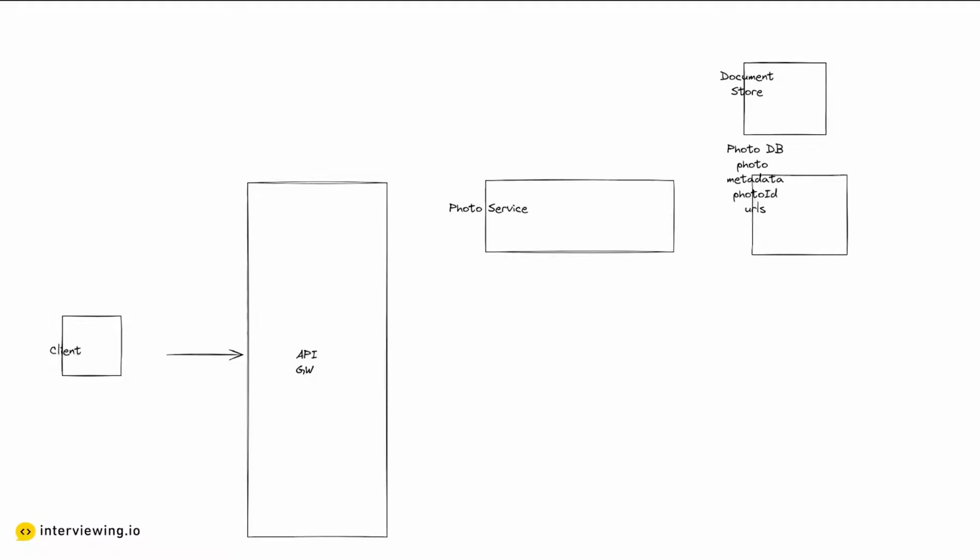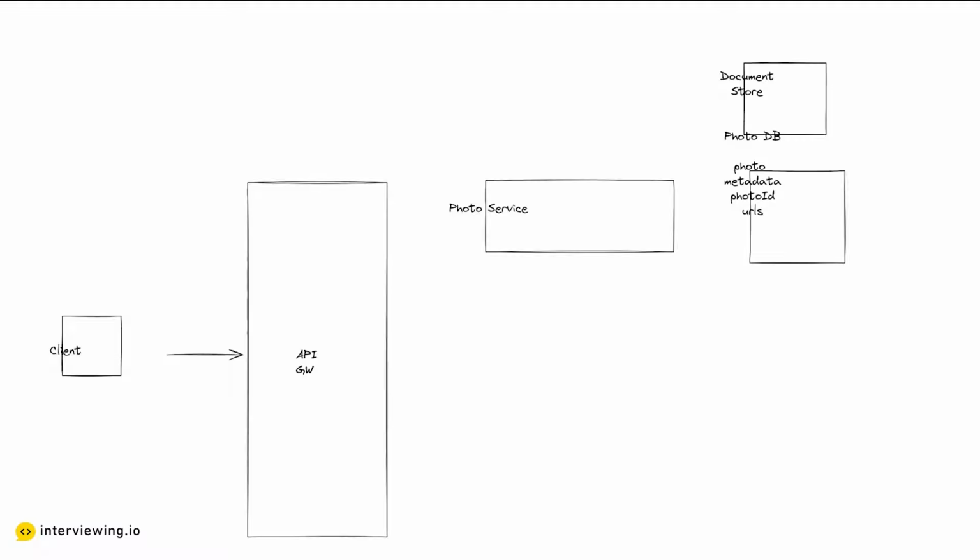Yeah. So I think we could either go with a NoSQL or a SQL option. I know sometimes folks will refer to DynamoDB as a document store since it's just key value. But for the document store itself, we've got the image file.